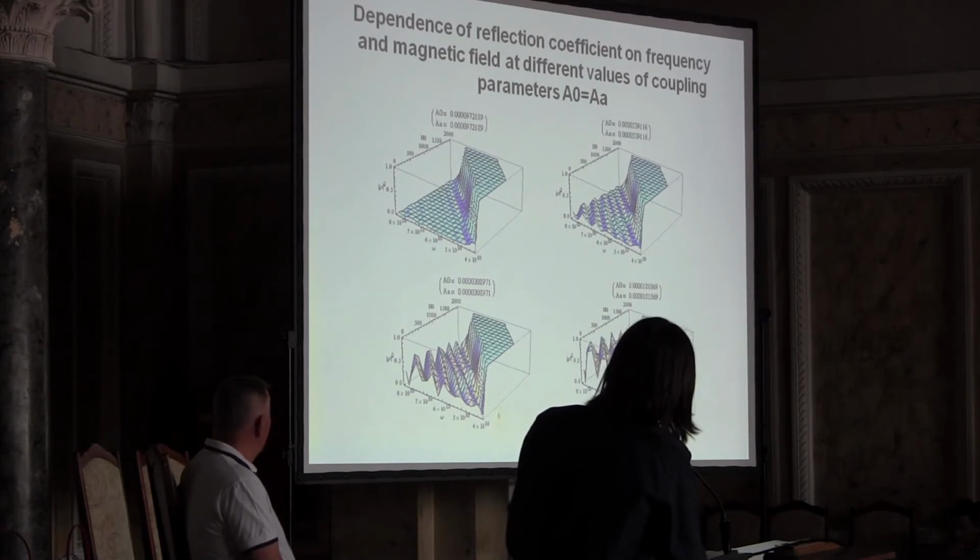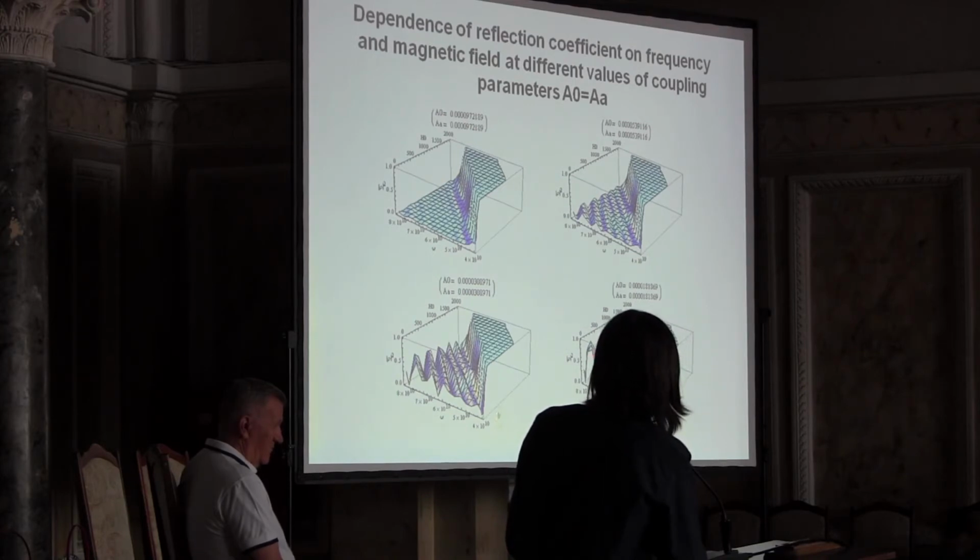From here you can see that at a relatively big value of these coupling parameters, we don't have such distinguished peaks, but with decreasing of these parameters, we have really big interference peaks, which in the first graph become really intense.